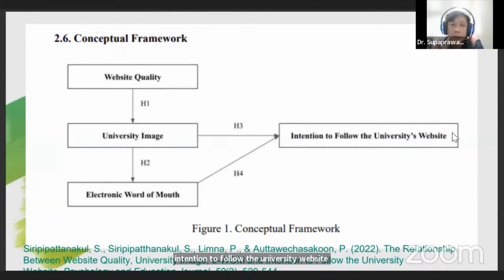As I mentioned, the conceptual framework could be found in qualitative and quantitative research, but it does not include the hypothesis in the case of a qualitative study.